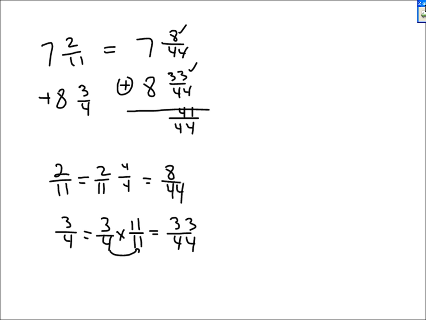And 7 plus 8 is 15. And this fraction is proper. The answer is 15 and 41/44. And you should ask yourself, can you reduce this? The only numbers that go into 44 are 11, 4, and 2. None of those numbers go into 41. So that's your final answer.